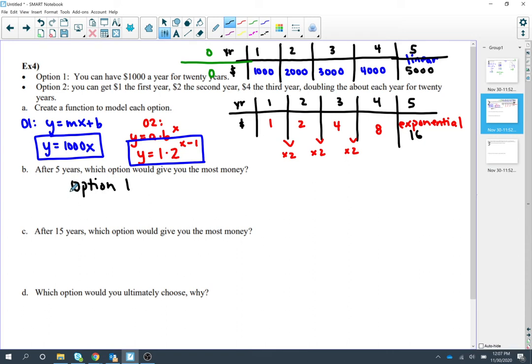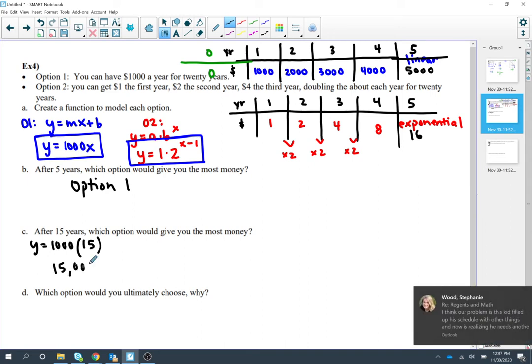Now, after 15 years, which option would give you the most money? We could keep going on the table, but this is where using a table is going to take too long. So option 1, we have y equals 1,000x. I want to know after 15 years, so I'm going to substitute in 15. 1,000 times 15 is going to give me $15,000.